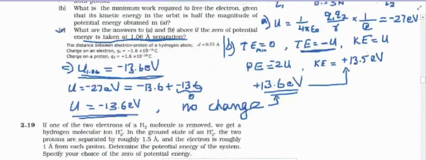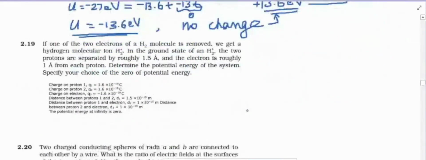Okay, now come to question 19. One of the two electrons of a hydrogen molecule is removed. What remains? Two protons and one electron. So we can represent it like this.